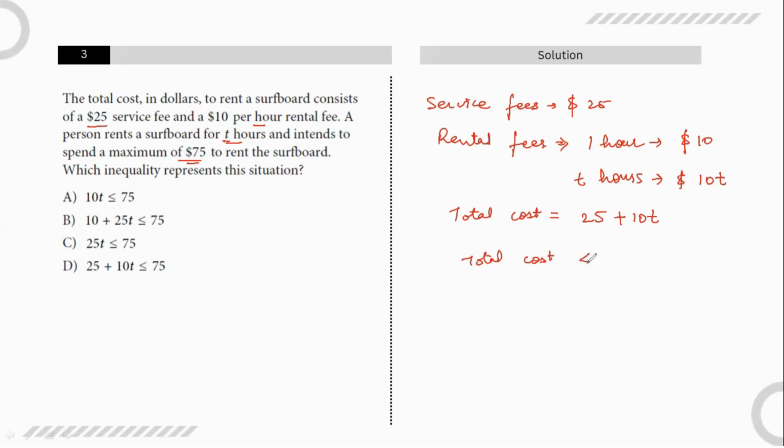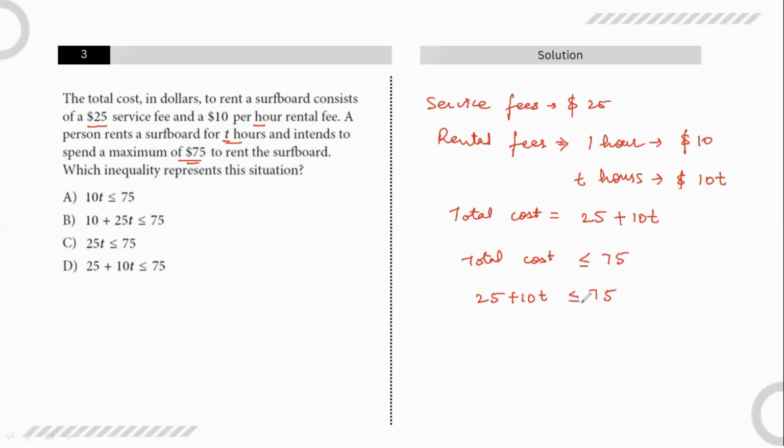So this cost will be either less than or equal to 75. It can't be greater than 75 maximum, right? This cost will be less than or equal to, and how much is total cost? That is 25 plus 10T should be less than or equal to 75. That's our inequality which we have got.